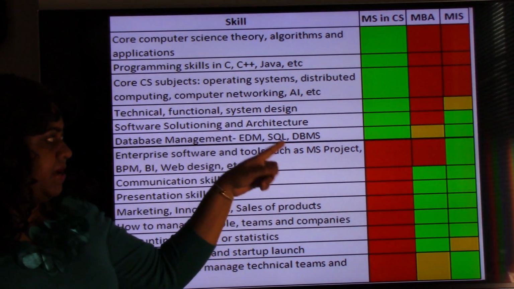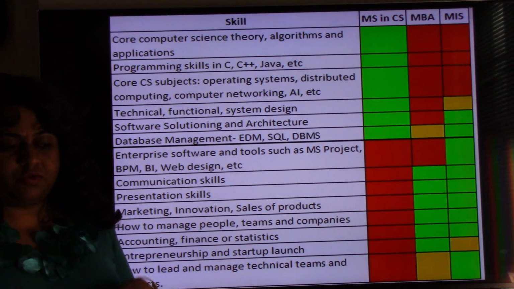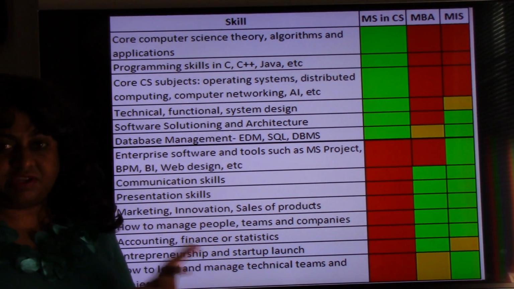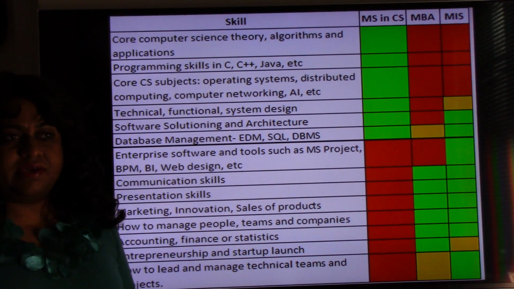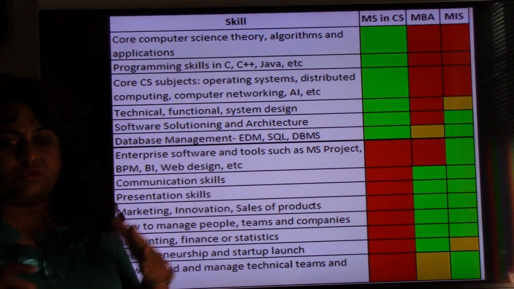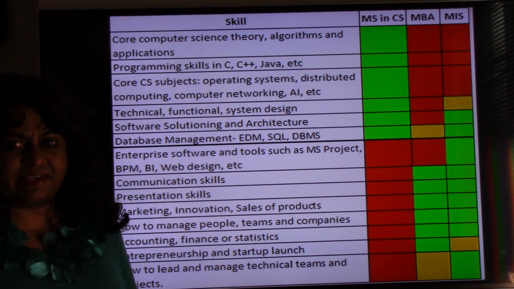In an MIS, you do study a little bit about technical functional system design. It's management of information systems. So you learn a little bit of networking, a little bit of distributed computing, a little bit of enterprise data management, a little bit of using all the software and designing systems that interact with each other in a complex setting.